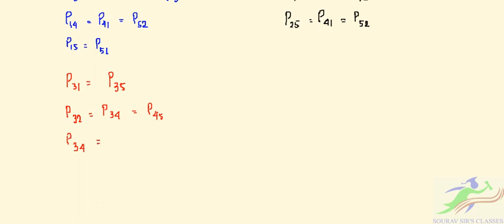P34 we can write in the same way as P43, which is equal to P54. And the last one is P35, which is equal to P42, which is equal to P53.